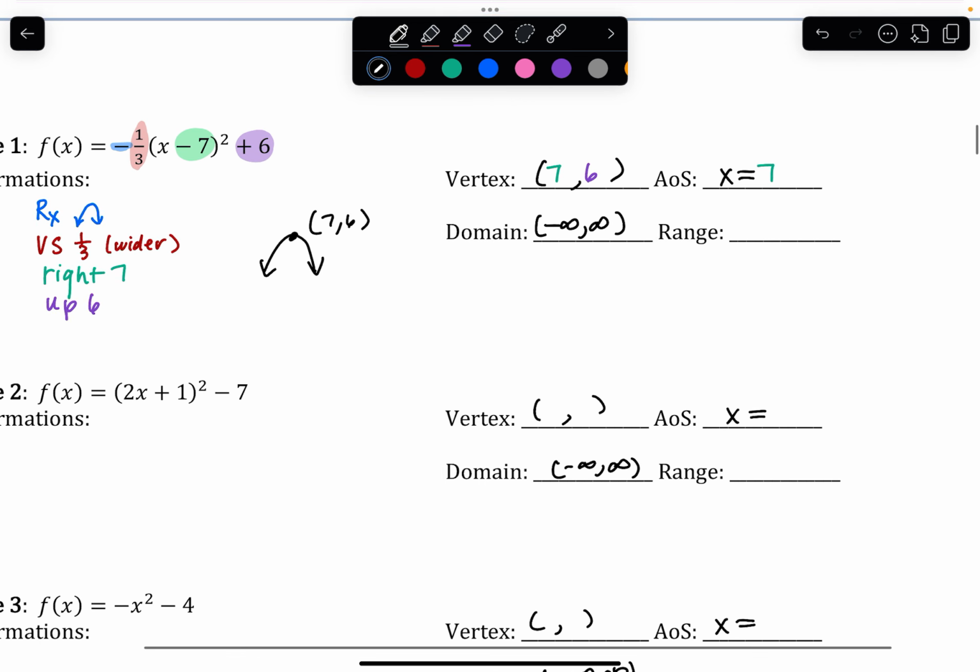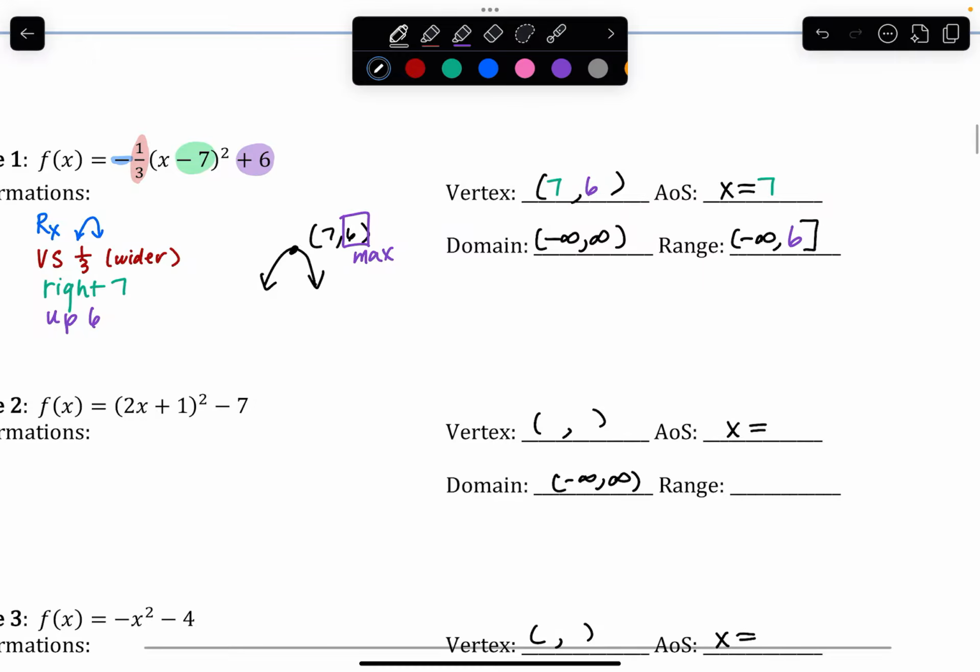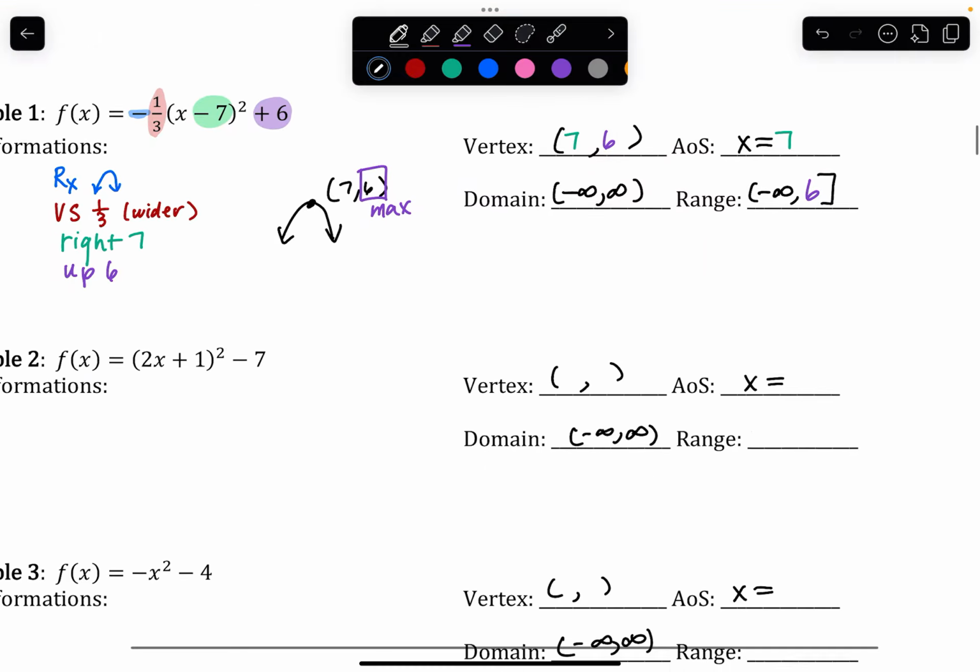Okay, and then our range, because this 6 is a maximum, our range is going from negative infinity to that 6. And we actually equal that 6, so use a bracket.